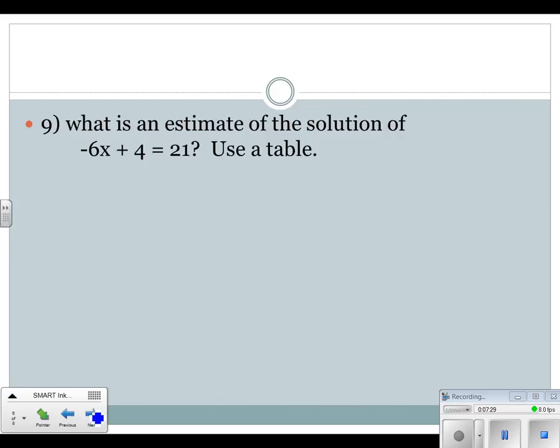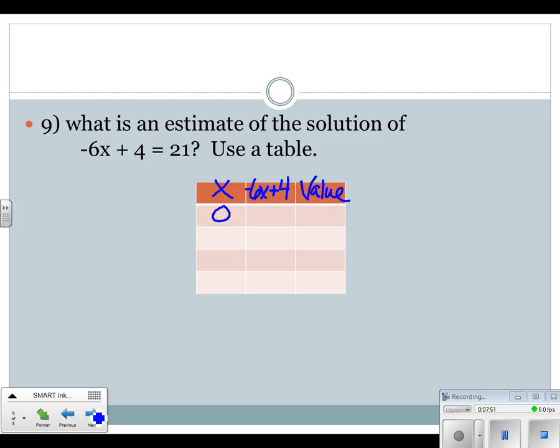What is an estimate of the solution of negative 6x plus 4 is the same as 21? So here's a table. So we have x, we have negative 6x plus 4, and we want to know what is it going to take to get that value of 21. Let's put in 0, negative 1, negative 2, and negative 3.